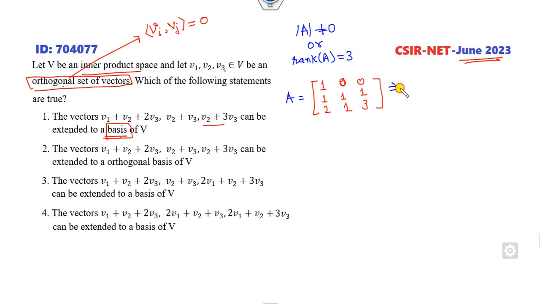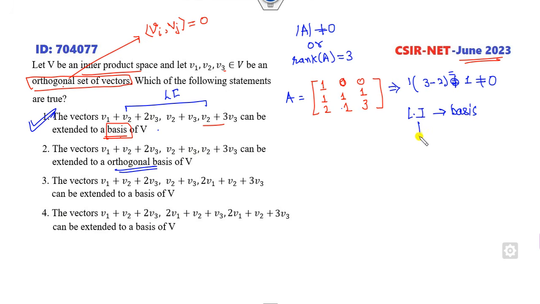So what is the determinant of this? 3 minus 2, which is 1, which is non-zero. So therefore this is linearly independent, and it can be extended. The same matrix is here, because it is linearly independent, it forms a basis.